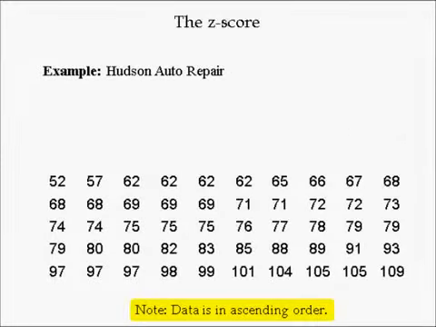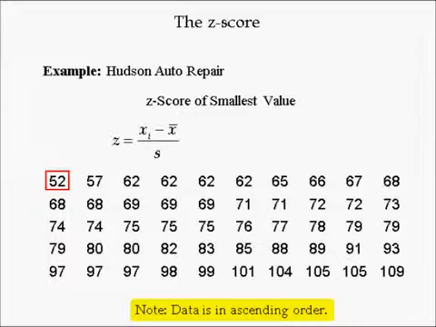Using the sorted Hudson auto repair example, the z-score of the smallest value is equal to the deviation from the mean corresponding to the smallest value in the data set divided by the standard deviation. The smallest value in the data set is $52. The sample mean is $78.98, and the standard deviation is 13.99.